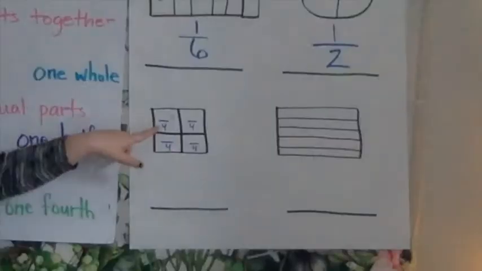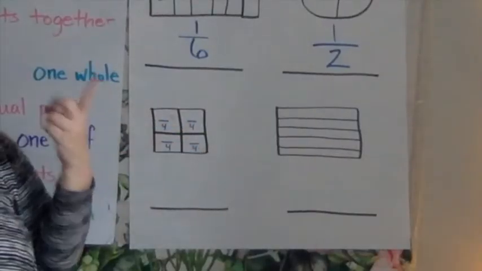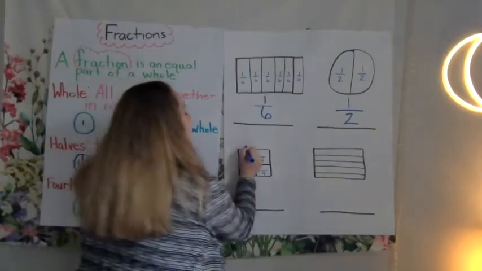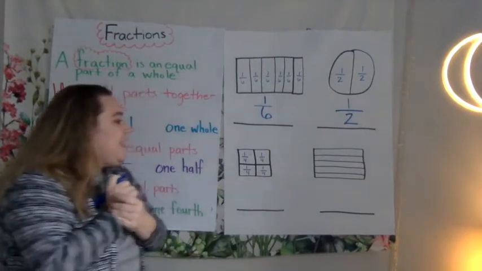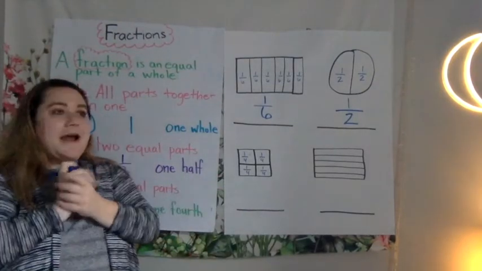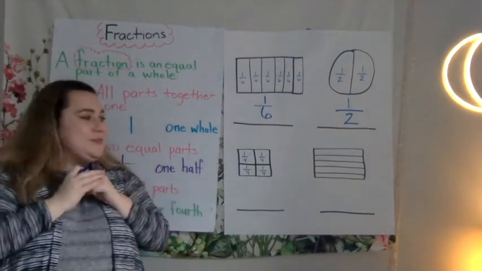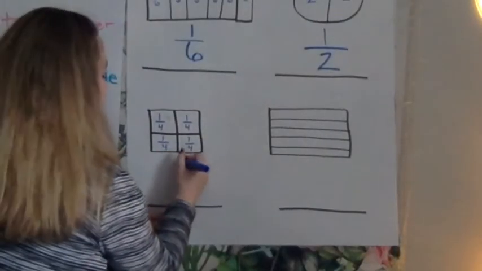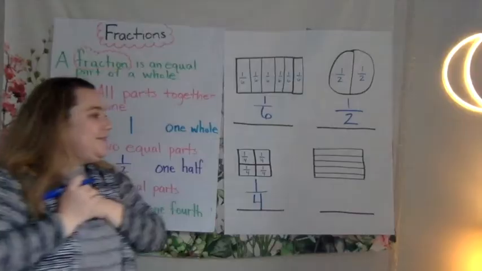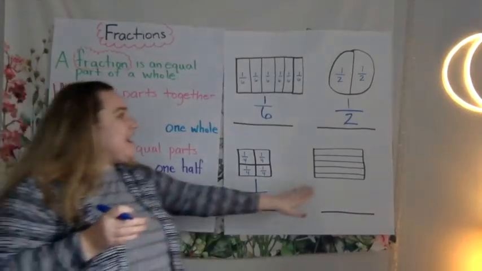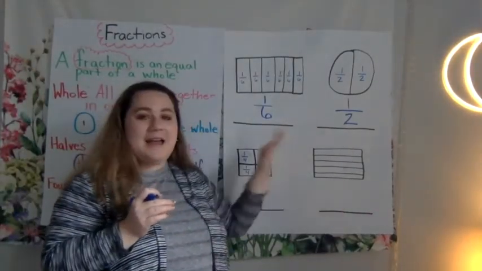And then each part is just 1. It's its own part. So I know I can put 1 on top of each. So, what is the fraction for one of my parts? It is 1/4. Good.